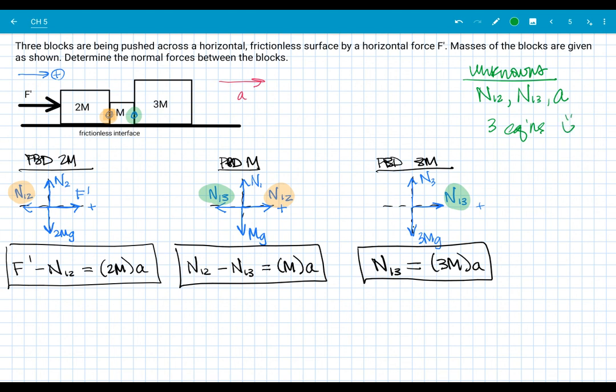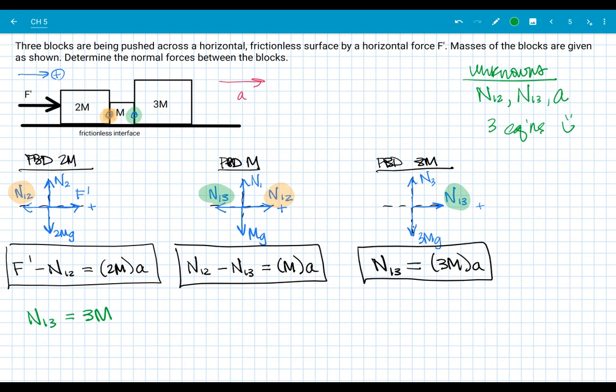Do a little algebra here in order to find the normal forces in between your blocks. And what we should end up with here is for N13, oh no, I'm not done, sorry.